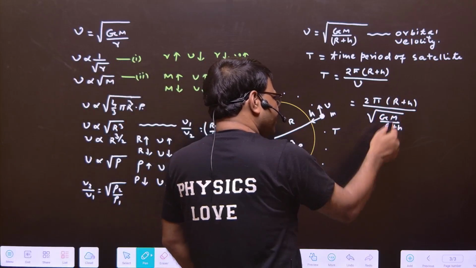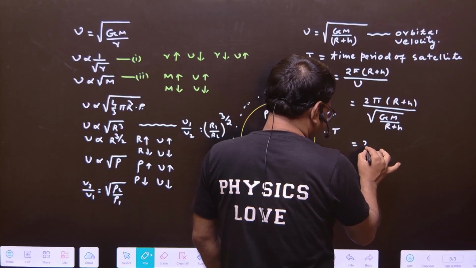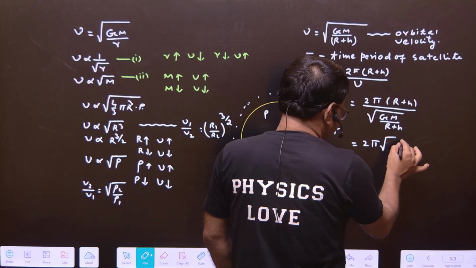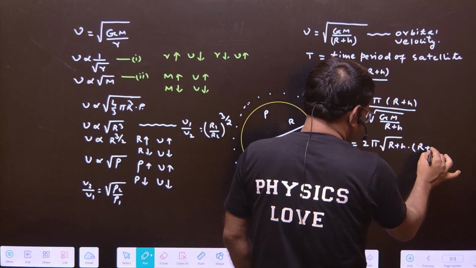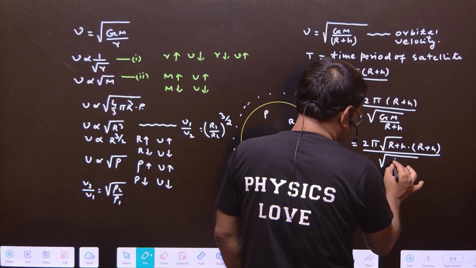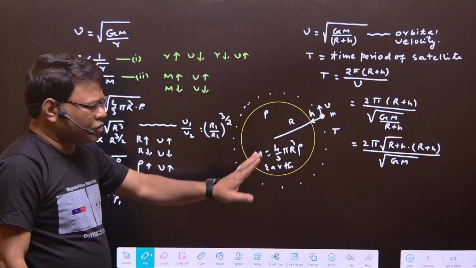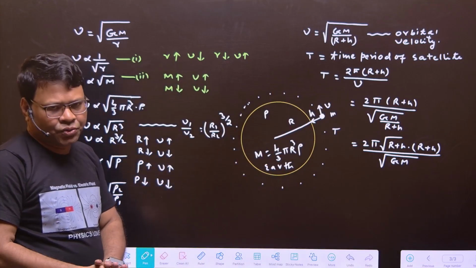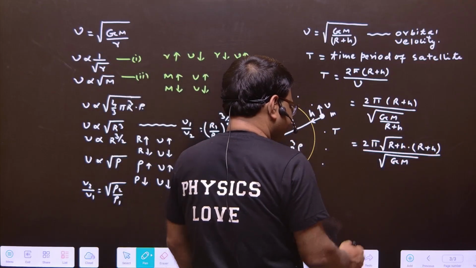Now see here, this root will go in the upward direction. Then we can write 2 pi root over of (r plus h) into (r plus h), divided by root over of g into m. After calculation, (r plus h) into (r plus h) to the power half becomes (r plus h) to the power 3 by 2.